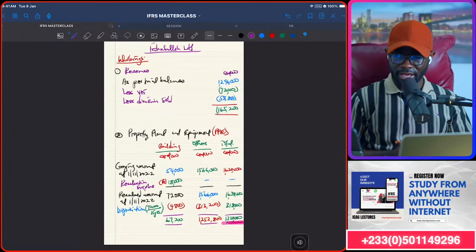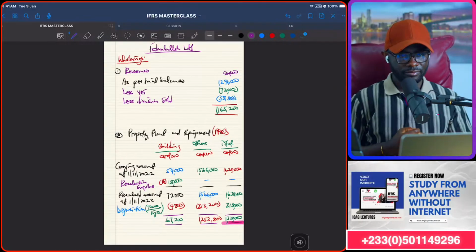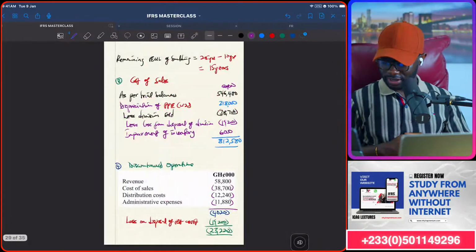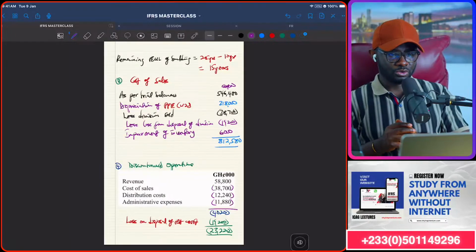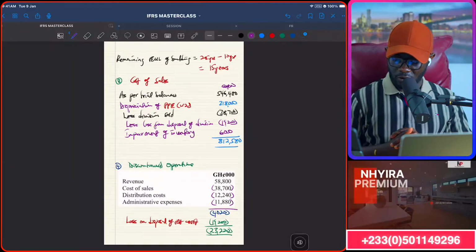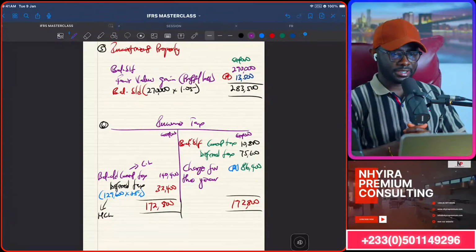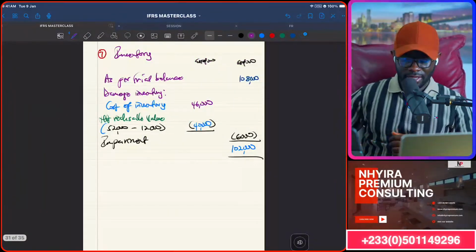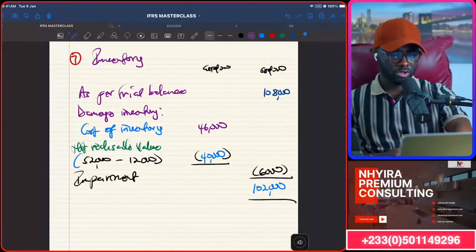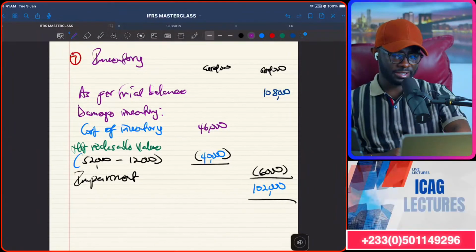So slide 1 there for us. Slide 2, workings 3 and 4. Slide 3, workings 5 and 6. Slide 4, the inventory, working 7.